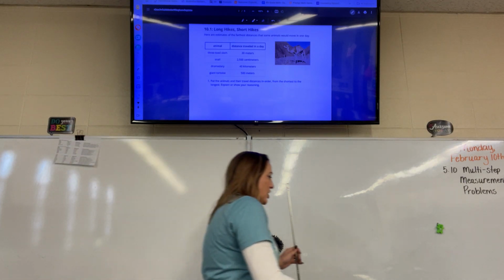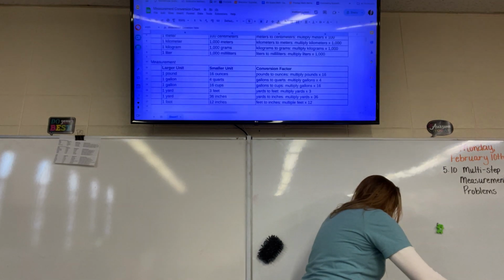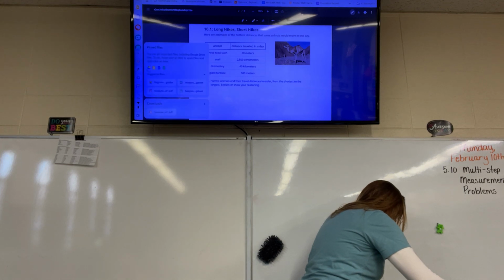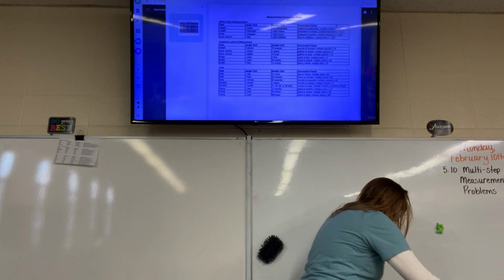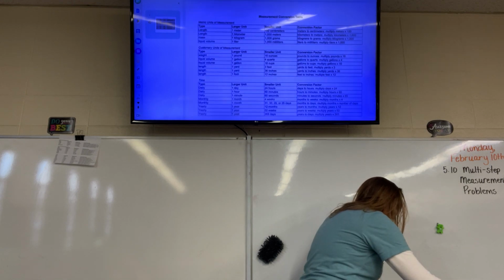So the chart that I gave you guys earlier is something that I made today. Let me get it pulled up here. So this is a table that I made today to help you with converting measurements.